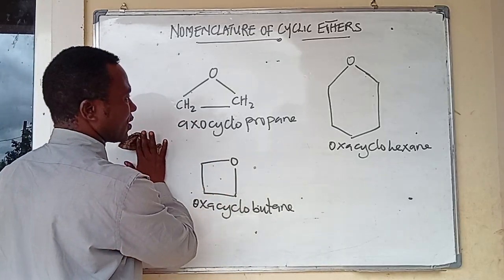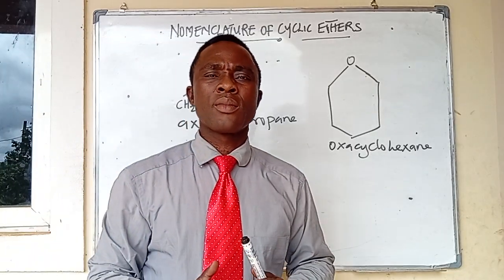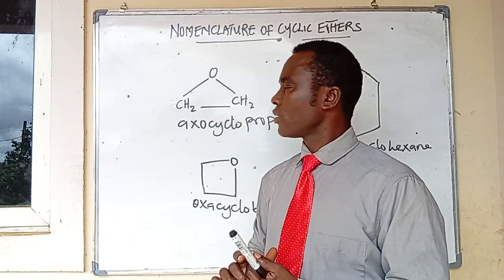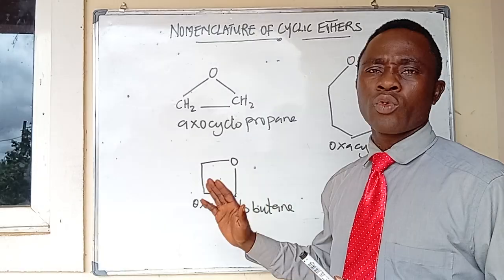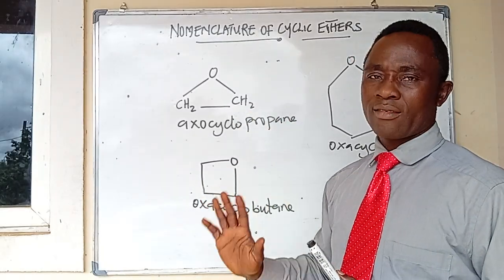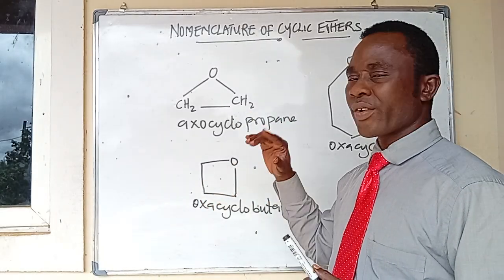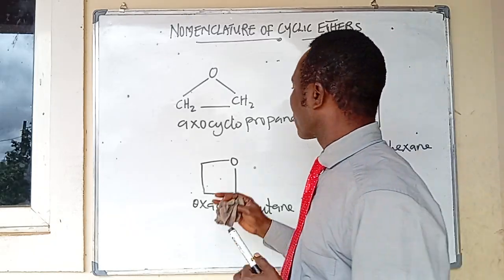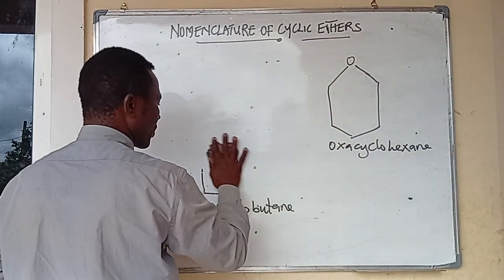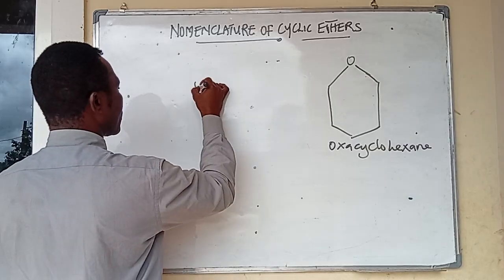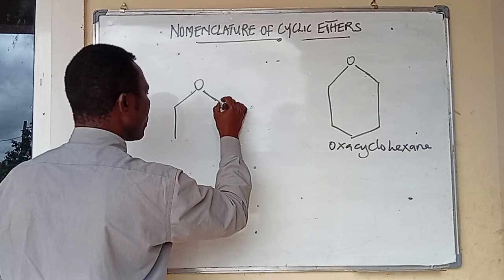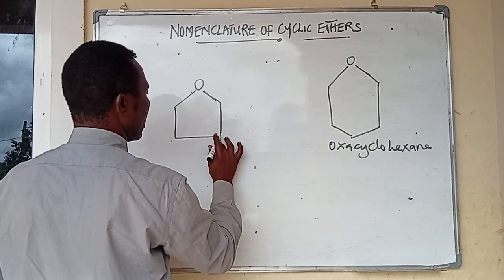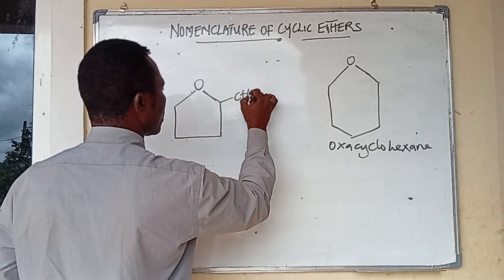Now, there is a situation whereby there will be a substituent. Anytime there is a substituent to a cyclic ether, numbering of the ring becomes important. Now, a case of this nature, let's say we have this, and we'll have a CH3.